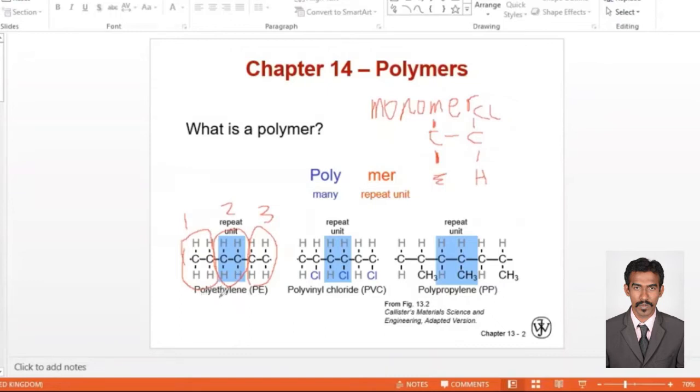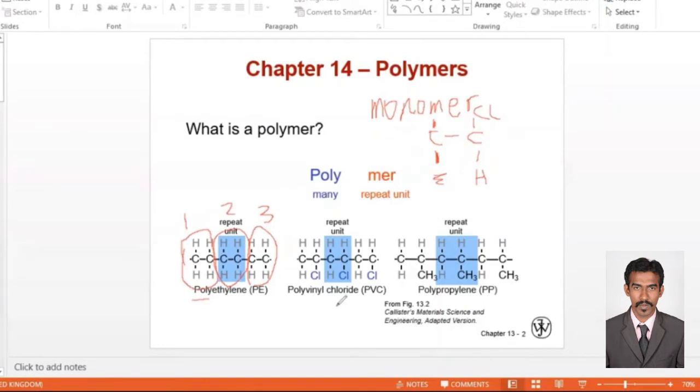That is polyethylene, or polypropylene, or polyvinyl chloride. So that poly part is the indication for many. Many monomers combine to form a polymer.